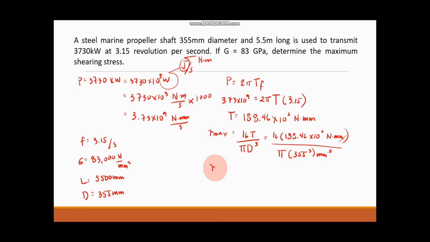The shearing stress would now be equal to 21.45 Newton per square millimeter or 21.45 megapascal. So, ito yung hinahanap ng problem.